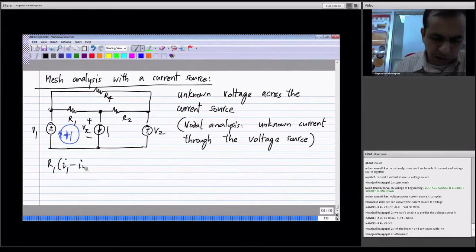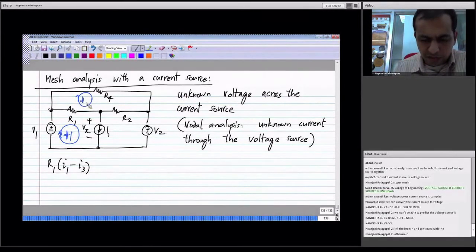This is mesh number 3, and here I have mesh number 2. This is the voltage drop across R1 plus Vx equals V1.